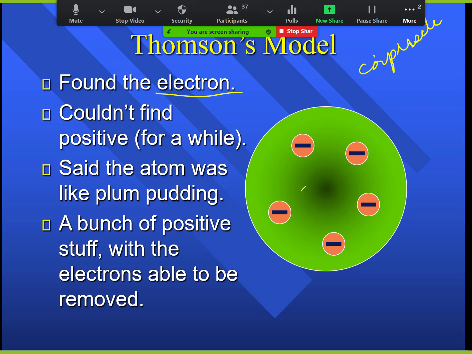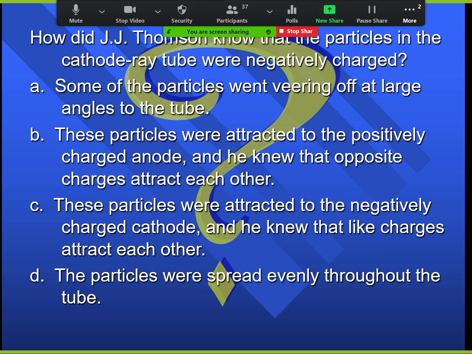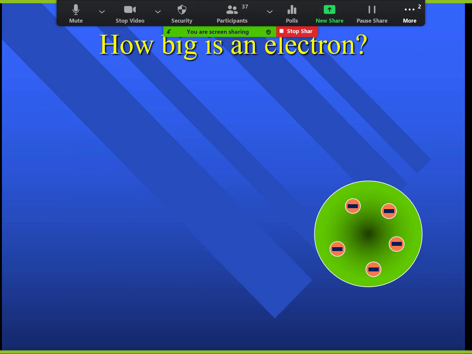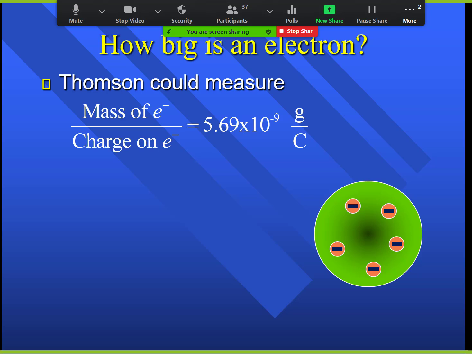They wanted to know how big the electrons were. How big is an electron? So we said they had the charge to mass ratio. There's the actual value right here. If you take the mass of that electron and divide it by the charge of the electron, you're going to get 5.69 times 10 to the negative ninth.